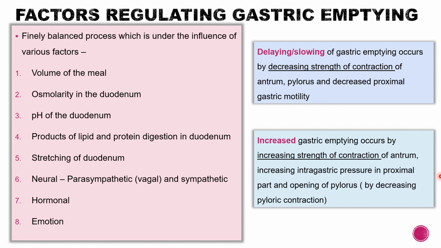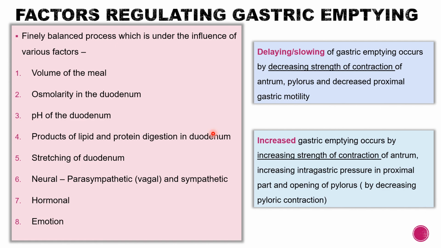The delay occurs by decreasing the strength of contraction of the antrum and pylorus and decreased proximal gastric motility. The forward movement of the stomach and contraction of the antrum and pylorus is decreased, so there is decreased or slow gastric emptying. While if there is increased strength of contraction of the antrum, increased intragastric pressure in the proximal part and opening of the pylorus, there is increased or fast gastric emptying. Okay. So these are the factors regulating gastric emptying.